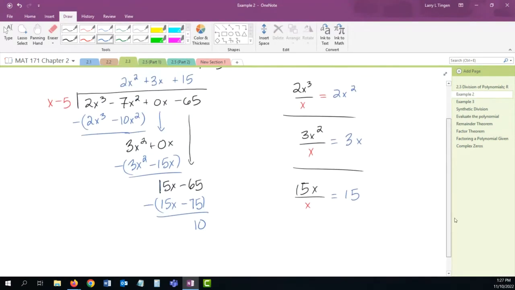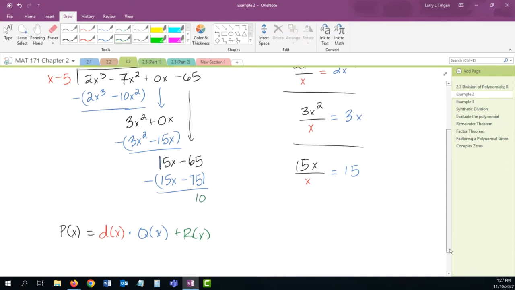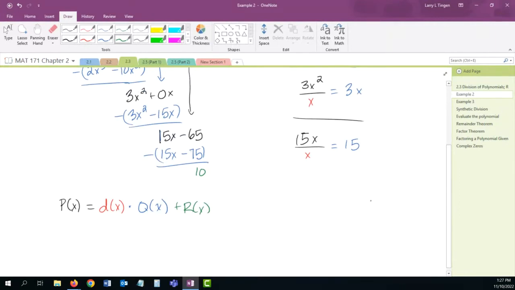All right. Now, what's the last? How do I put all of this together? So remember, when I get done, what I'm going to be able to do is rewrite that division as multiplication, just like we did if 81 divided by 3 is 27, then 27 times 3 is 81. Same thing here.